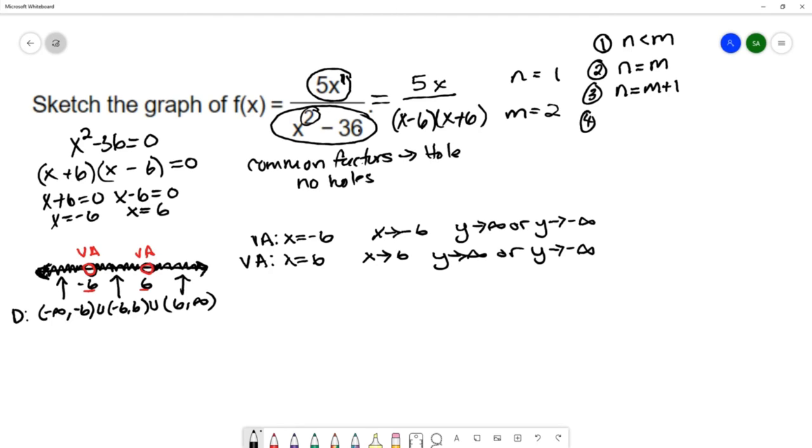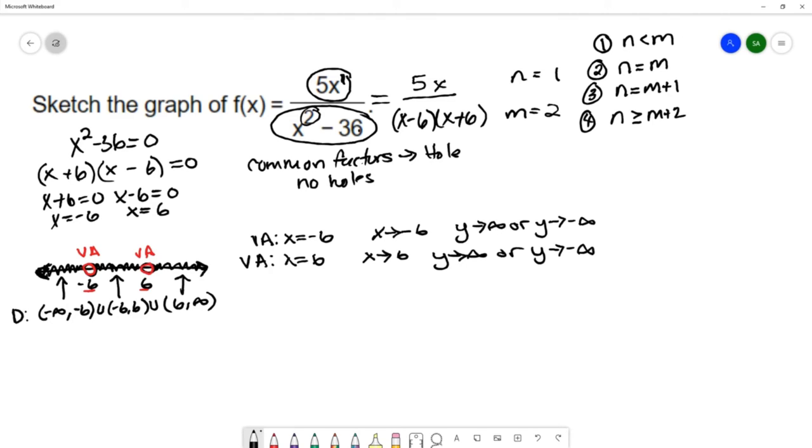And then finally, this is the one that fills in the gap of every other possibility, that n is greater than or equal to m plus 2. So this is saying that the numerator would be larger than the denominator, and it's larger by 2 or more.